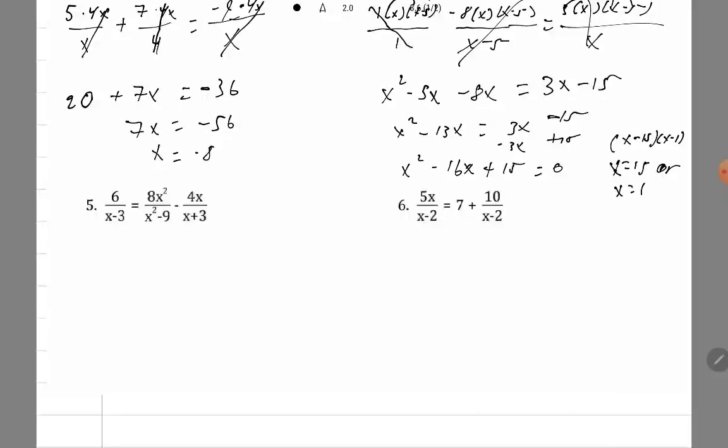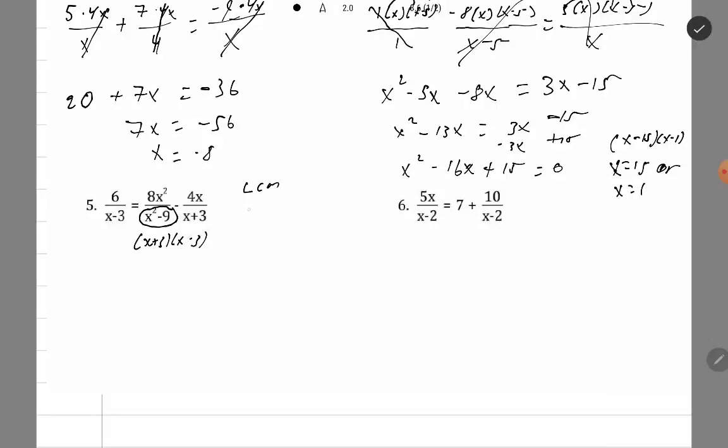Alright, let's move on to number 5. Okay, LCM. So remember, when you're looking for the LCM, make sure to factor everything that you can. So for example, this x squared minus 9 is actually x plus 3, x minus 3.